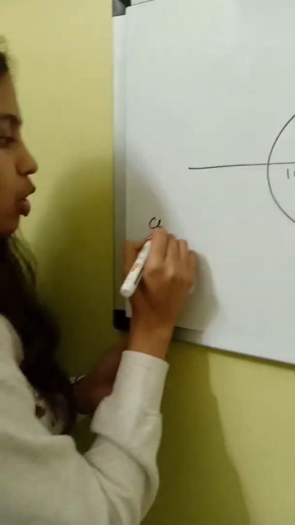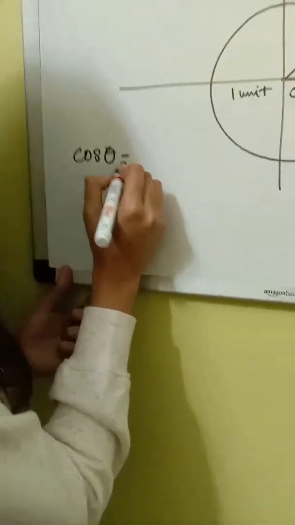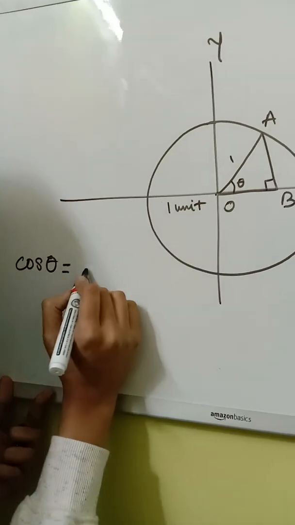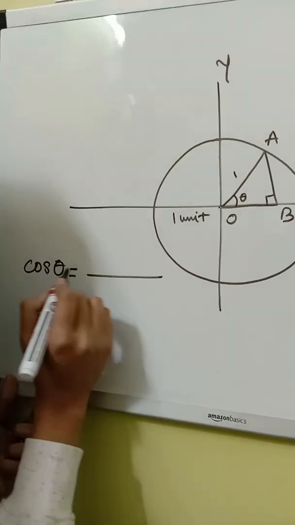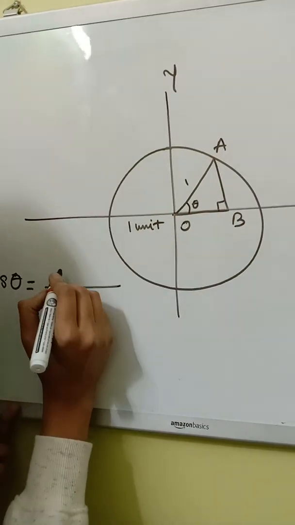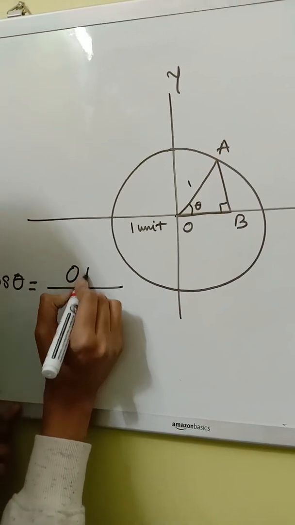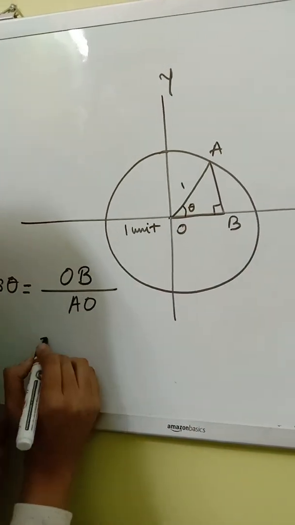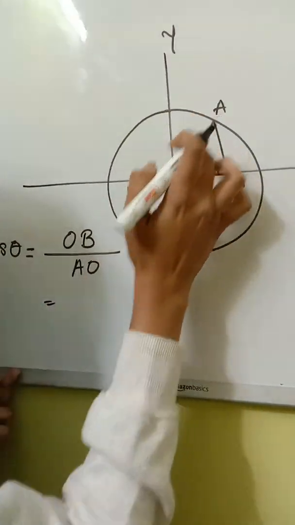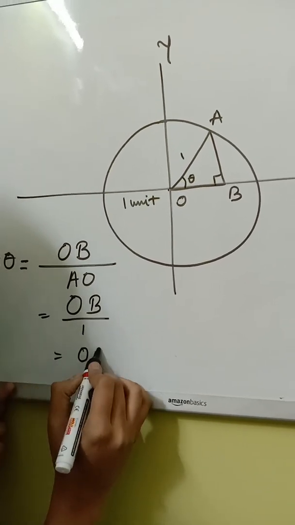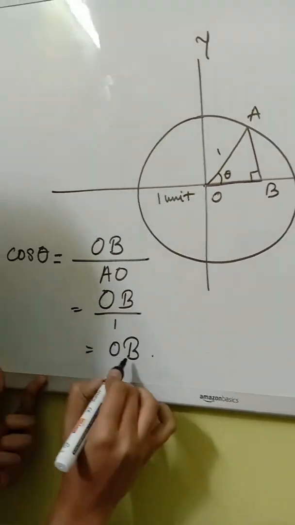Now what will be the cos theta? Cos theta, as the acronym says, KA, that is cos theta is equal to the side adjacent to theta. Here it is OB, divided by hypotenuse, that is AO. Now AO is equal to 1, as we can see, so OB by 1, which gives me that cos theta is equal to OB.